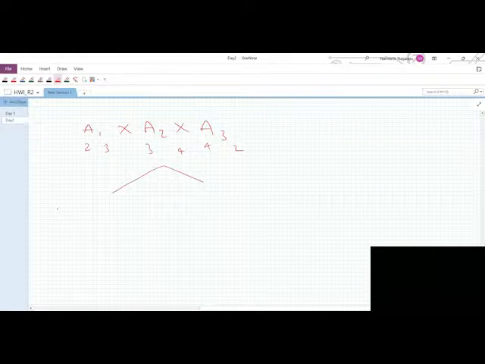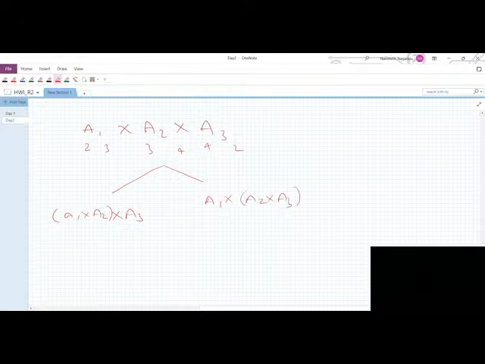First we can multiply A1 into A2, and then multiply this one with A3, or else we can choose the second way, which is we can first take A1 as it is, and then we can solve A2 into A3.